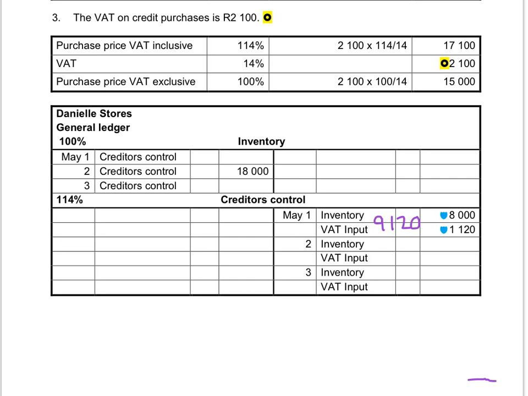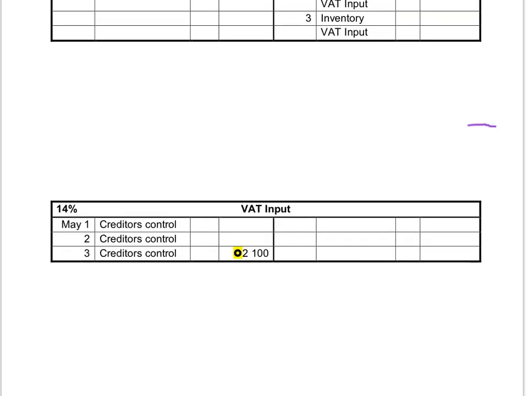If we want to work out what is the amount of the inventory, then it means the one that we want, 100, divide by the percentage that we know, 114, times the total amount of 9120. If we want to calculate the VAT amount, the VAT is 14, so the one that we want is 14. The VAT inclusive amount was given to us, so we will divide by 114 times the amount.